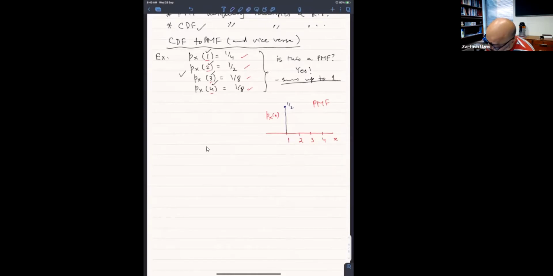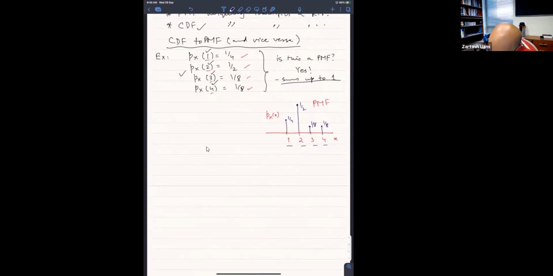It takes the value 1 with probability 1/4. It takes the value 2 with probability 1/2. It takes the value 3 with probability 1/8. And it takes the value 4 also with probability 1/8. So everyone is okay with that? This is a PMF. It tells you all the values that the random variable can take and the corresponding probabilities.